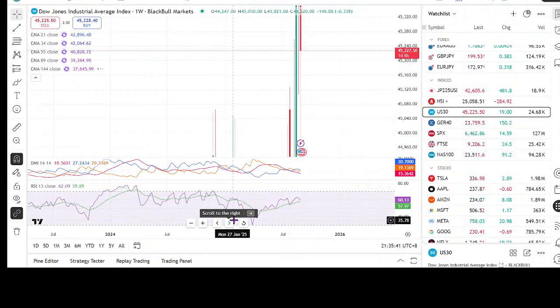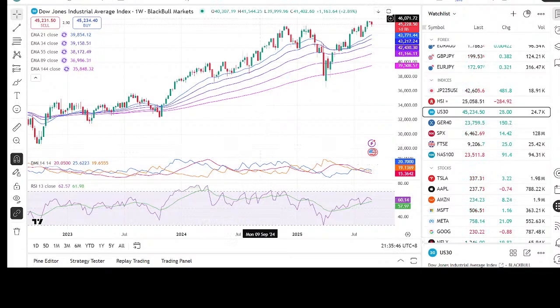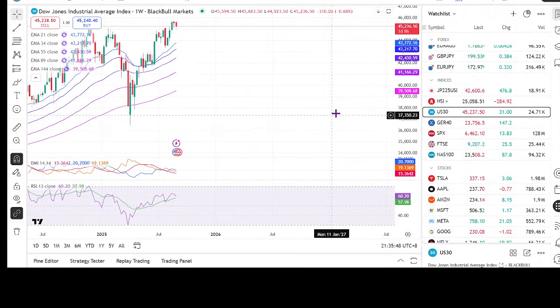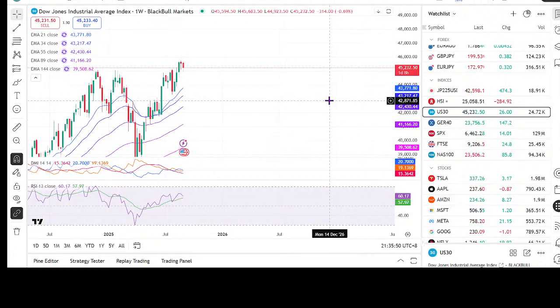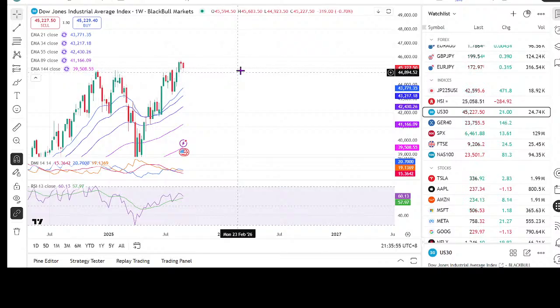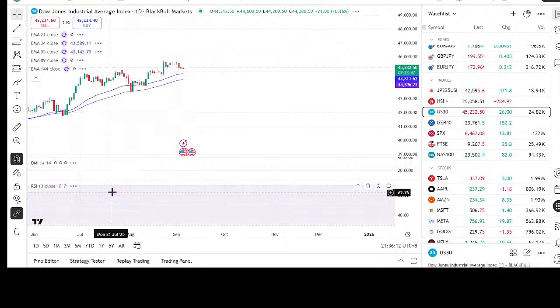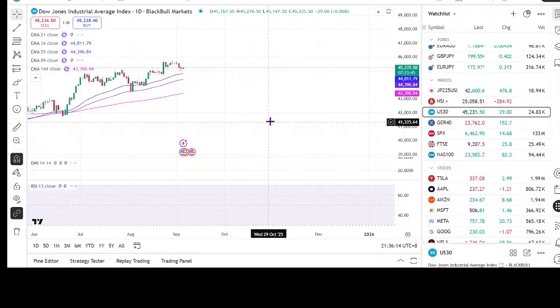The Dow on the weekly looks like it has made a top. We have seen the high on the weekly, and this week is also weak, trading below the open, and the previous week also. The only question is whether we have seen the down move on the daily.